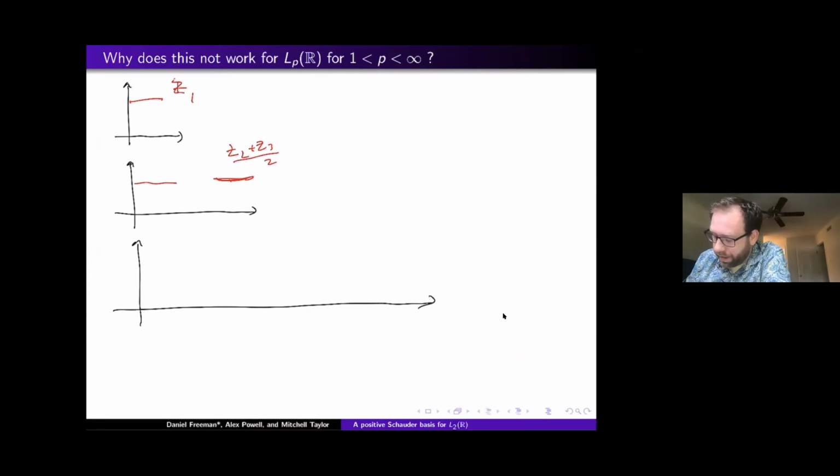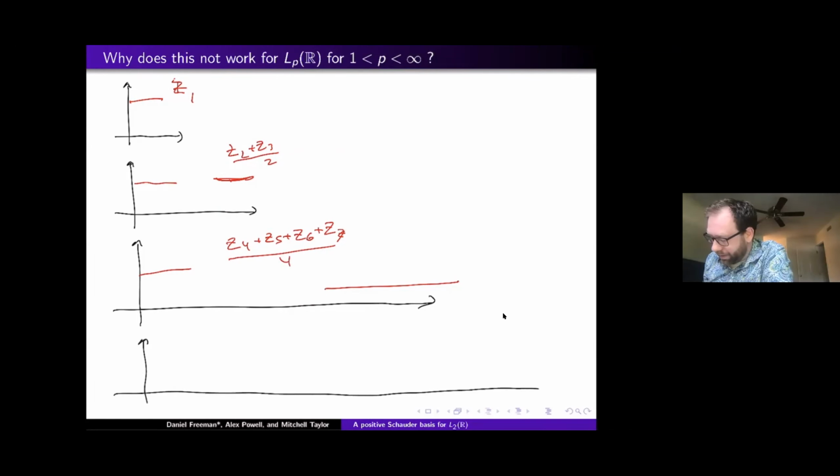And now if we add up the next level of Haar vectors, and so this would be Z4 plus Z5 plus Z6 plus Z7, they're going to have this extra piece over here, and so in L1, these extra pieces add up according to little l1.